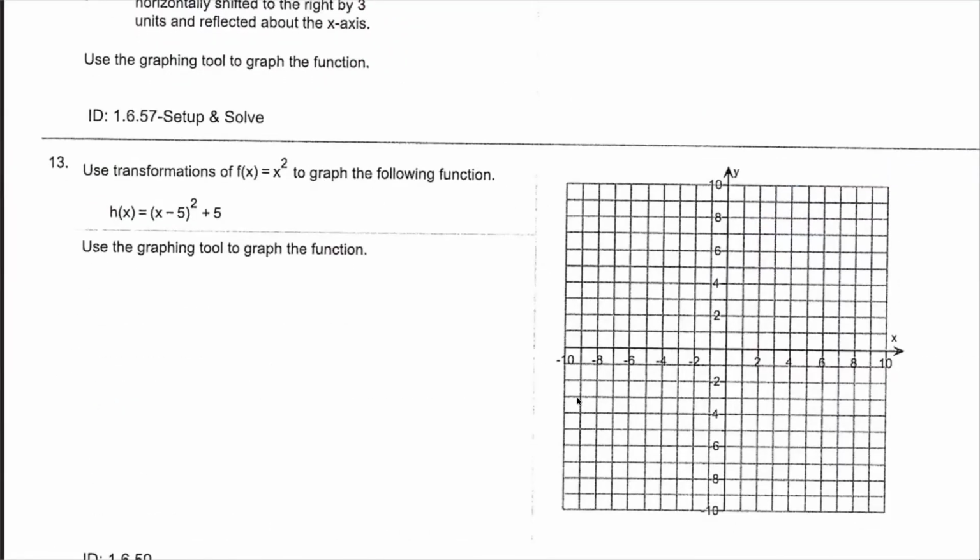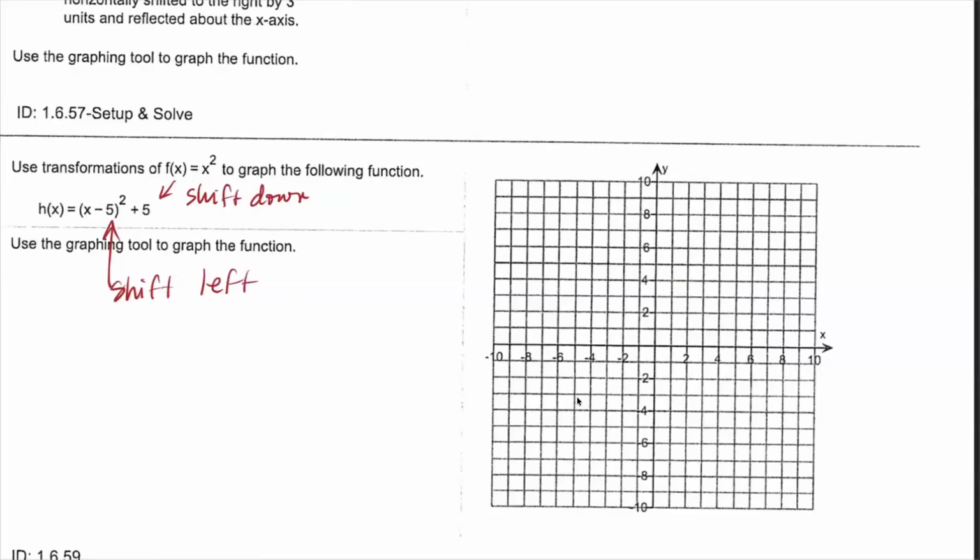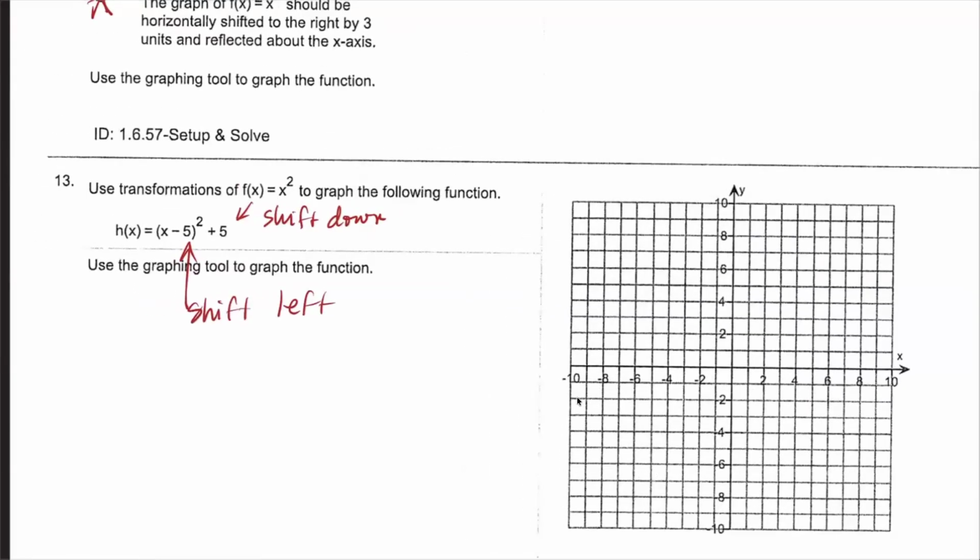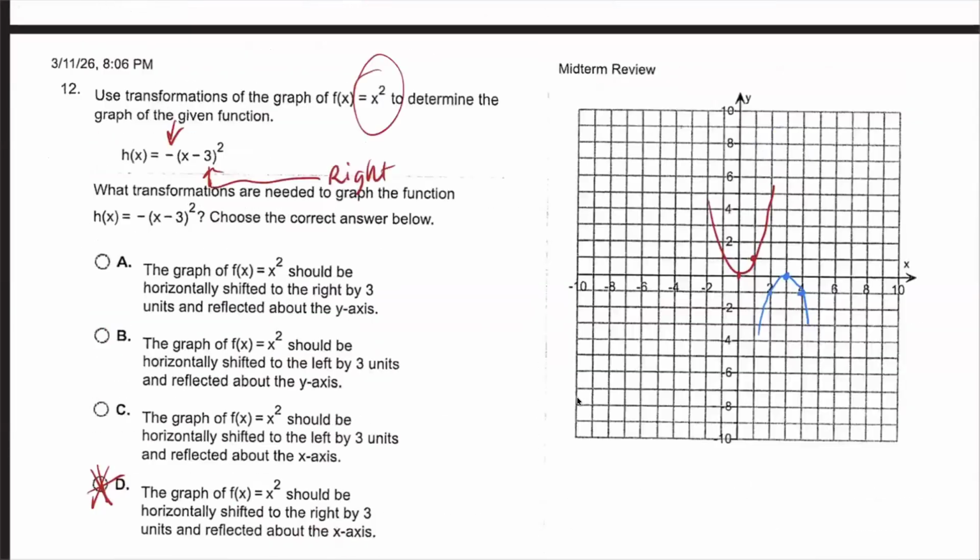This one has a horizontal shift left, and this one is a shift down, but it's still the parabola. Wait, I thought that it shifts right because it's negative. It is. My bad. Thank you. Did I say right on the first one?